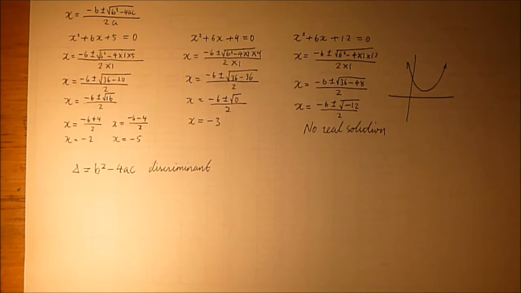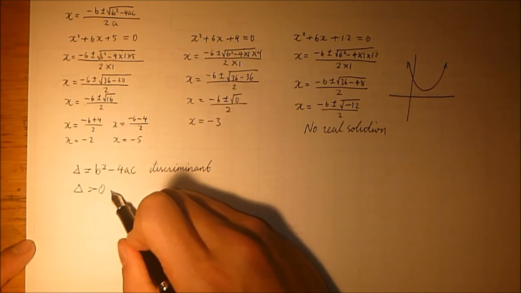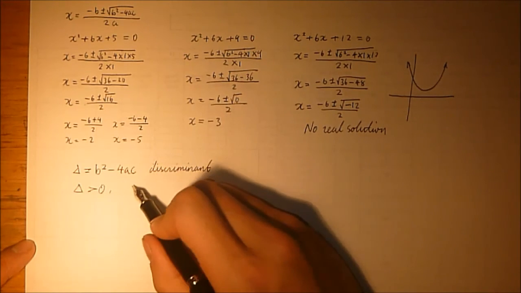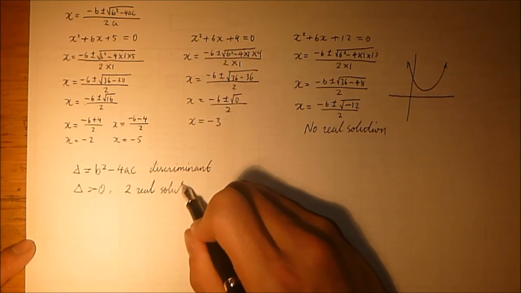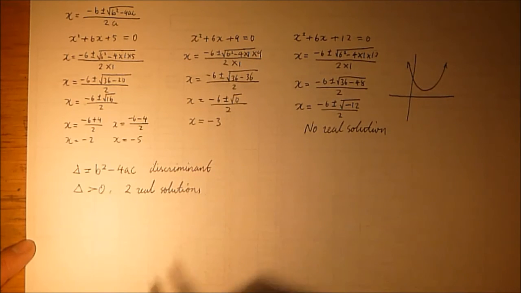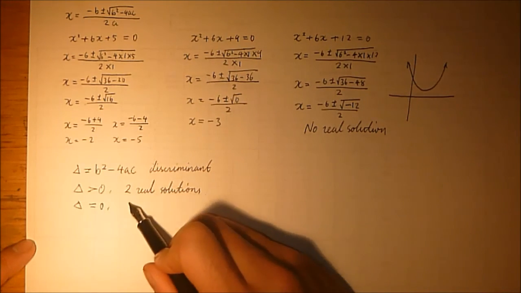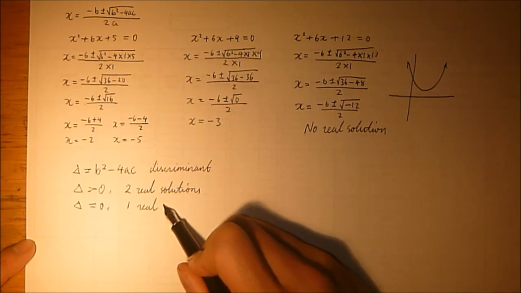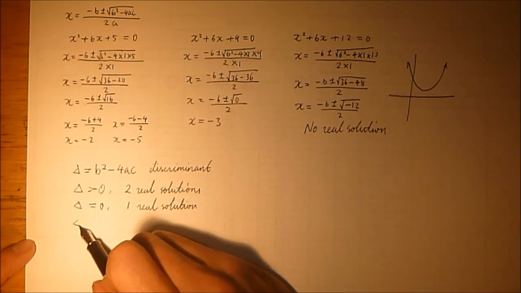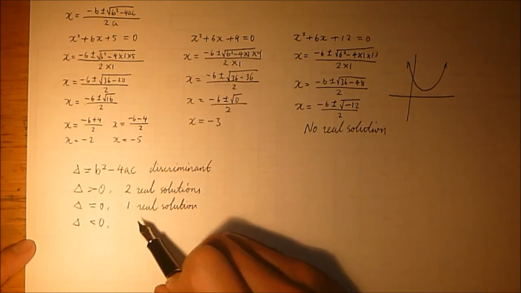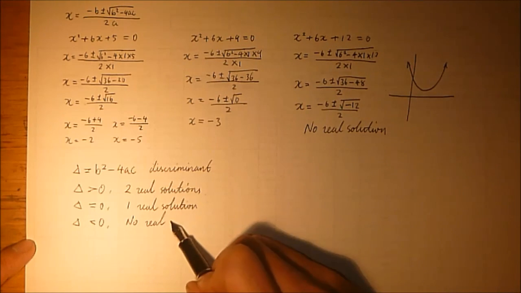And the rule can be summarized as: if the discriminant is larger than 0, then two real solutions. If the discriminant delta equals 0, one real solution. And if delta is smaller than 0, then no real solutions.